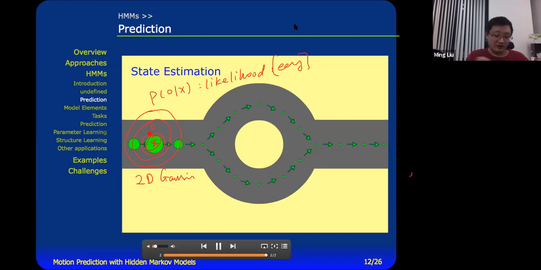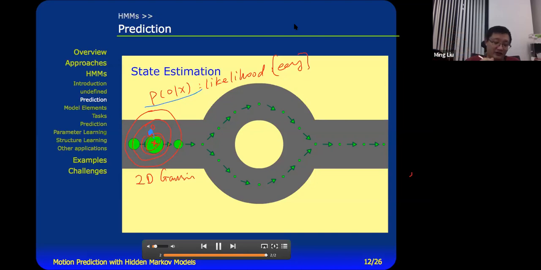And then what's your current observation? The current observation is nothing else than the points. Given these points, you will have a probability. That probability will be P(O given X). Given this position, what's the probability to have such an observation O? That's the likelihood.